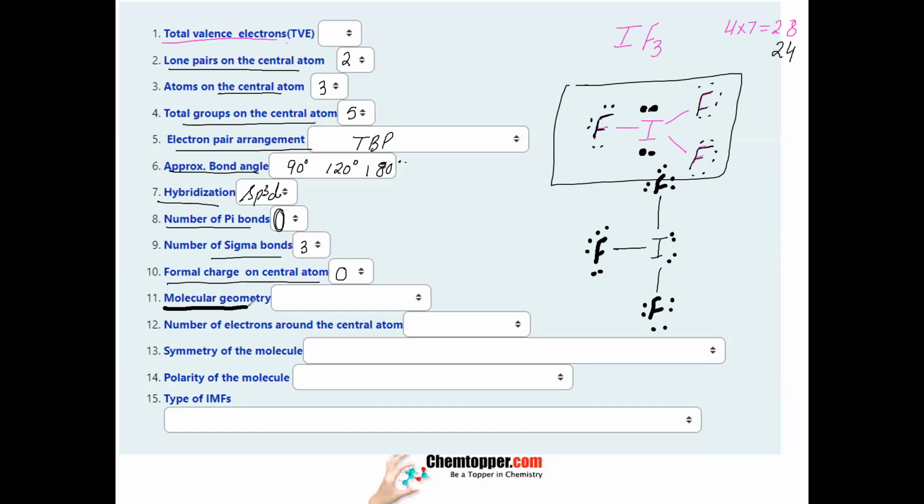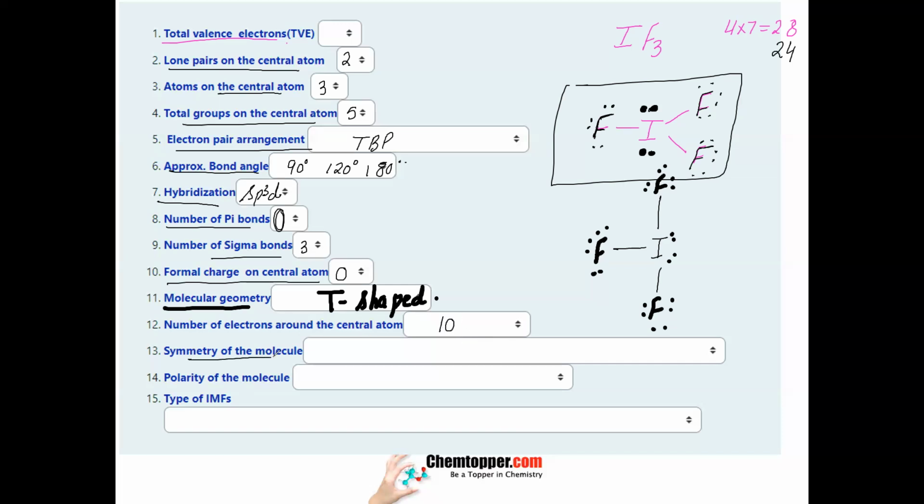What's the molecular geometry, children? Shashank is already answering. T-shaped. Very good, Shashank. T-shaped. I told you to take a printout and keep it next to you till the time your AP is not over. Number of electrons around the central atom? Number of electrons are 10. Very good.